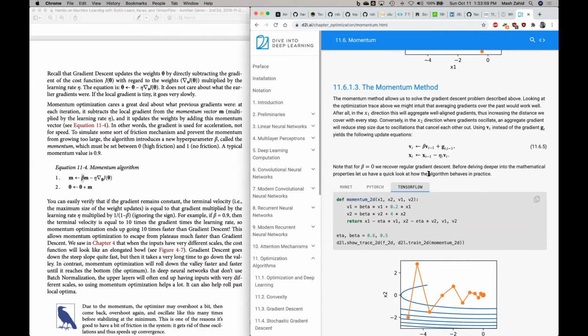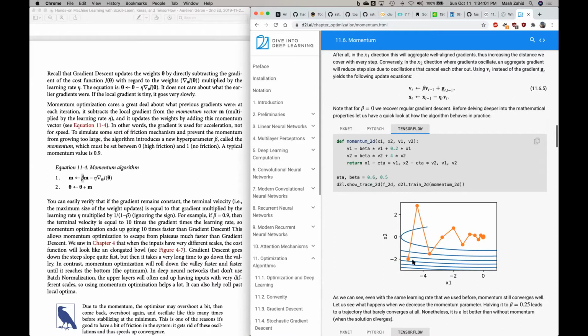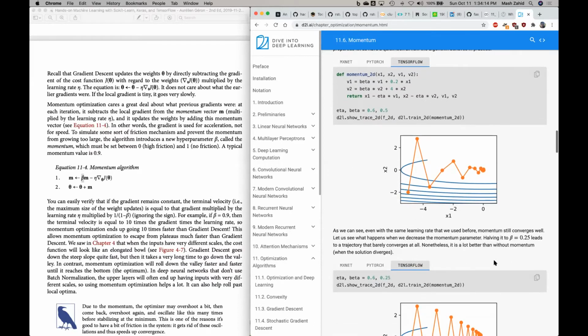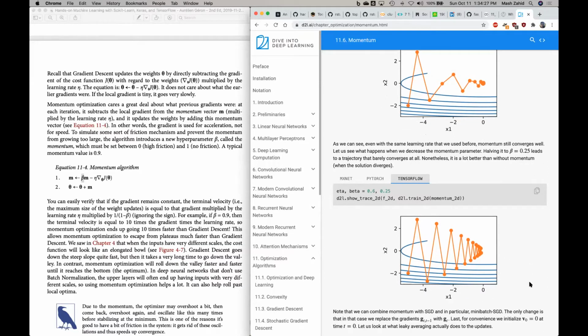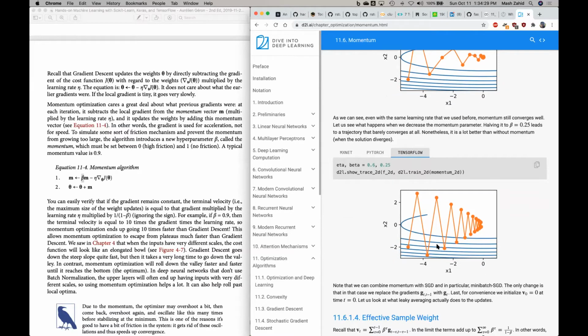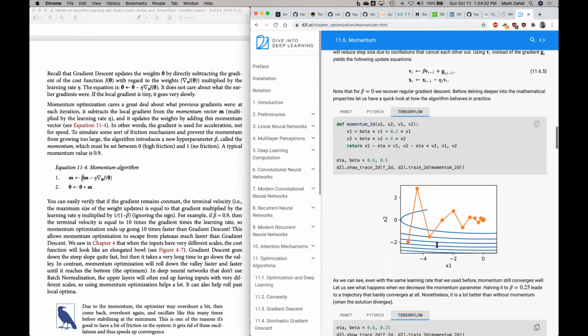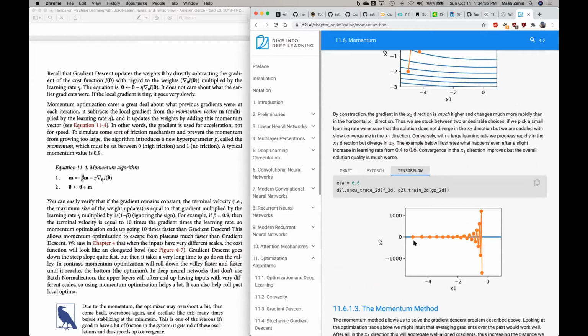Let's start with a simple equation that's laid out like this. This equation has its local minimum at the origin, (0, 0), and so we're trying to get to (0, 0). If we use very basic stochastic gradient descent, you can see that it oscillates wildly while trying to get to (0, 0) in this picture over here. Oh, I'm sorry, wrong picture, this one.